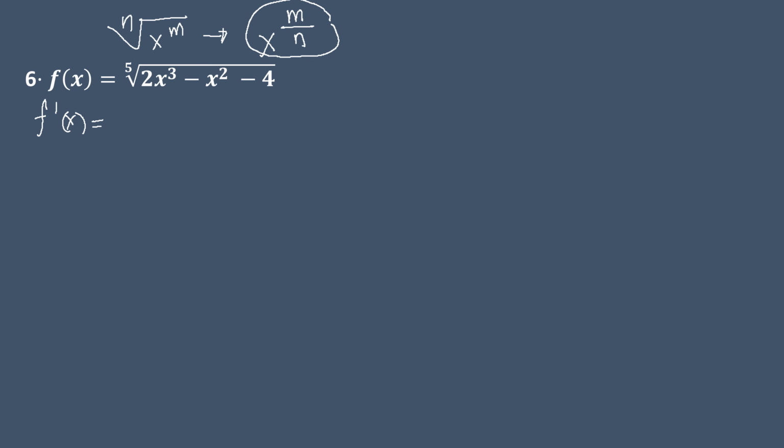So therefore, the fifth root of 2x cubed minus x squared minus 4 will be equivalent to 2x cubed minus x squared minus 4 to the power of 1/5.